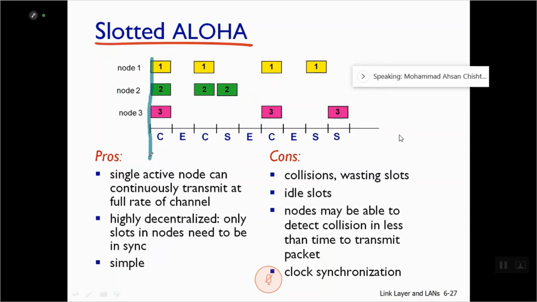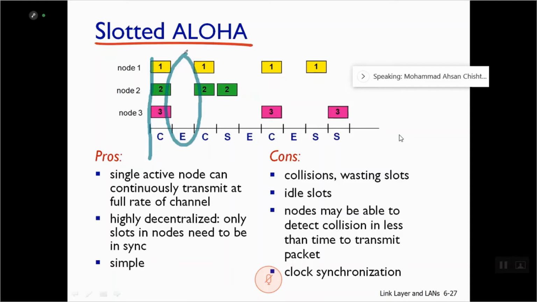When the collision happened, there was no successful transmission. We have C here. All the 3 nodes randomly decide that, okay, we will not send in the next one. So what happens here? In this case, we have an empty slot E.